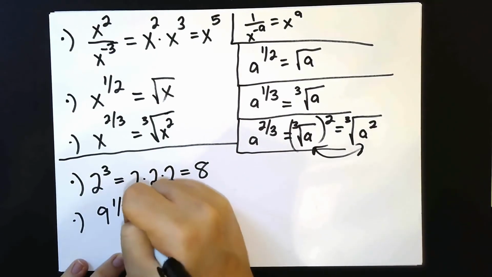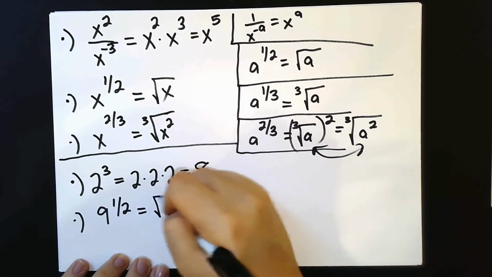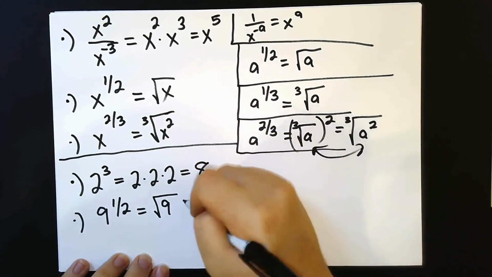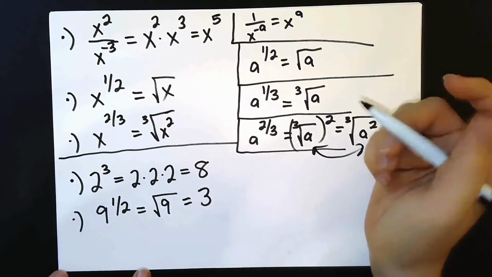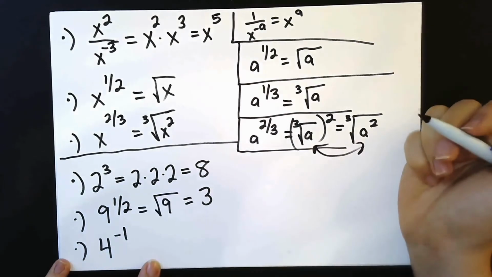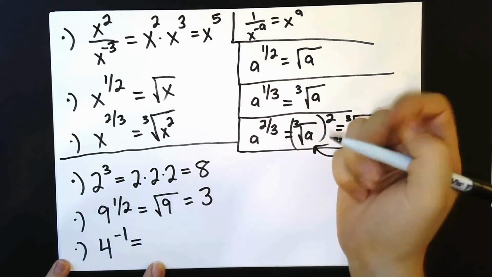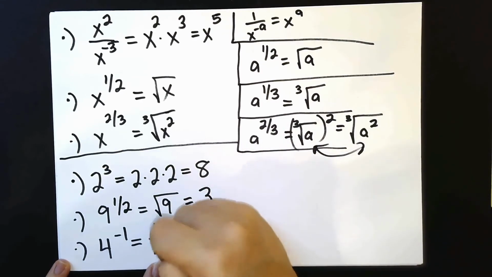If someone gives you 9 to the 1/2 power, that's the same thing as the square root of 9. So that is 3. If someone gives you 4 to the minus 1st power, remember the minus puts it in the denominator, so this is the same as 1/4.